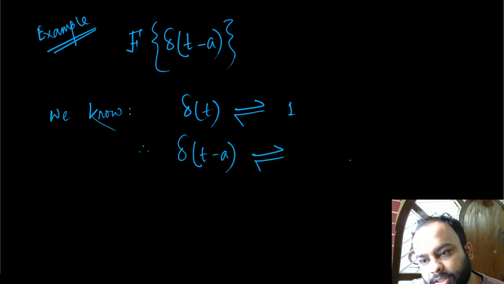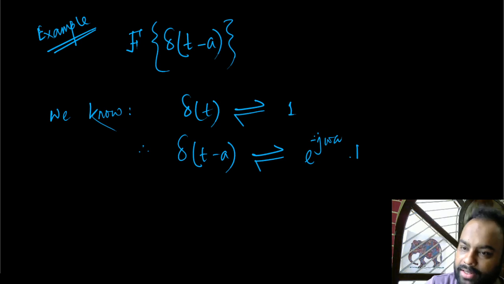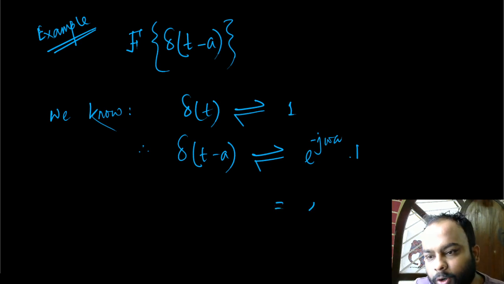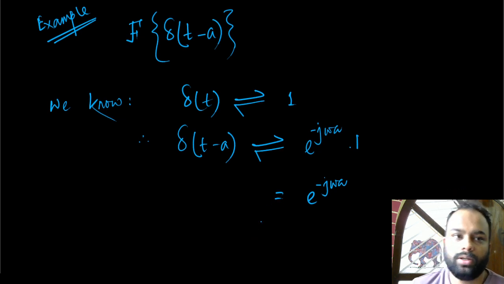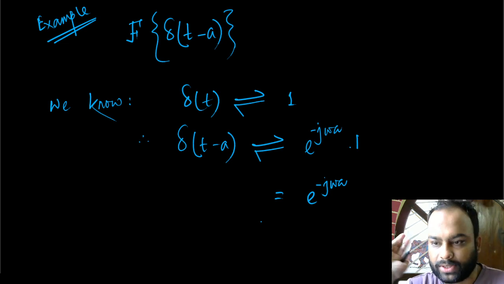That's going to be the original Fourier transform multiplied with e to the power minus j omega a. So with that said, the answer would be e to the power minus j omega a. And this is in agreement with what we actually did in the last class, right? So this is correct, right?